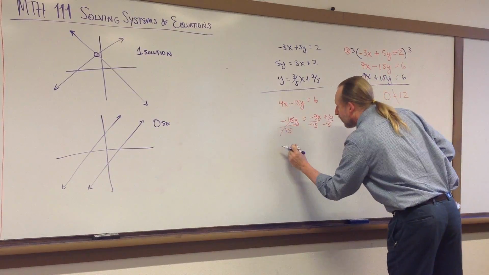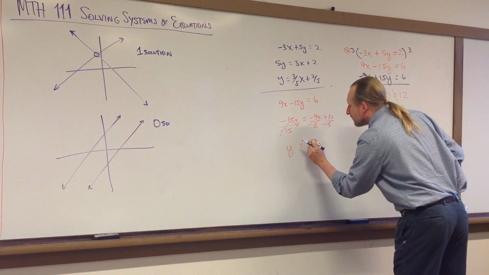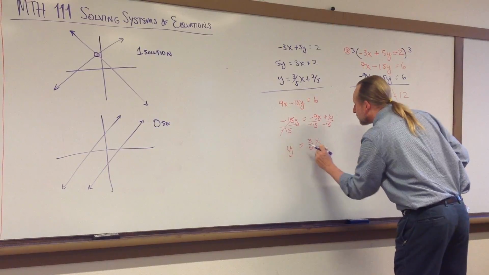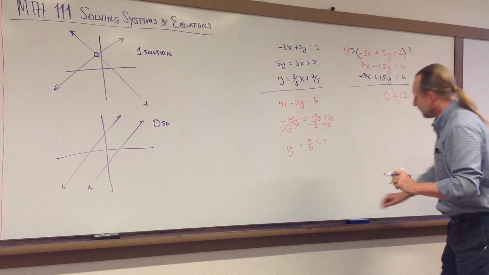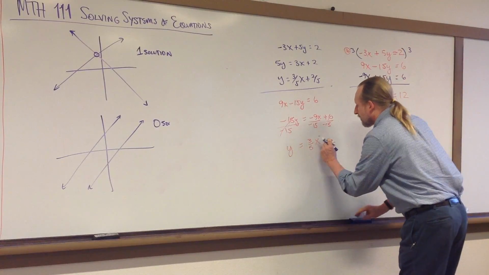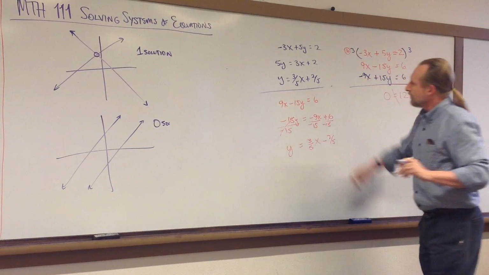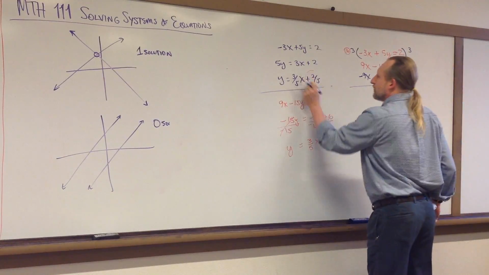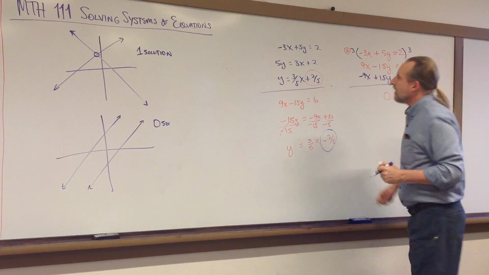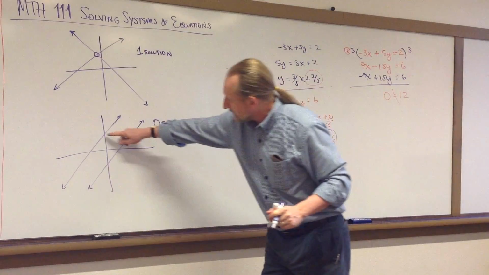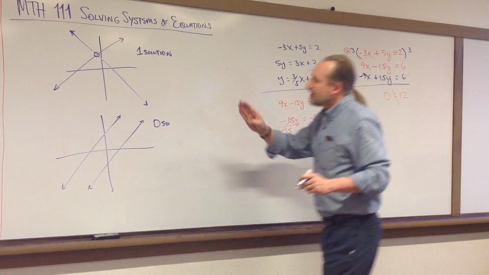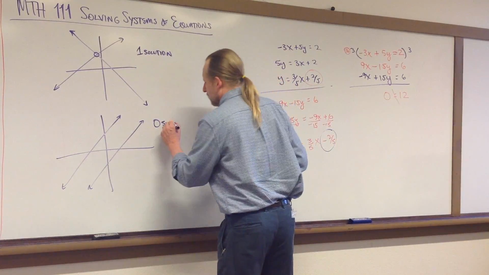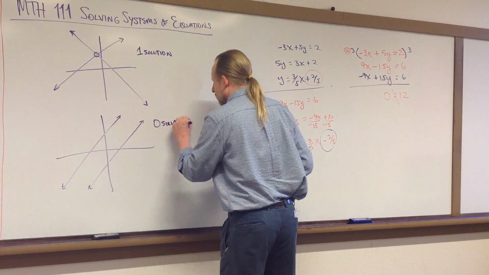So y is going to be positive 3/5 x minus 2/5. I thought we were supposed to get different y-intercepts. And we are. One's positive 2/5, the other's negative 2/5. These are parallel lines. They don't intersect. We've got 0 solutions.